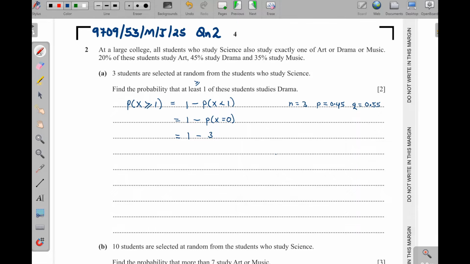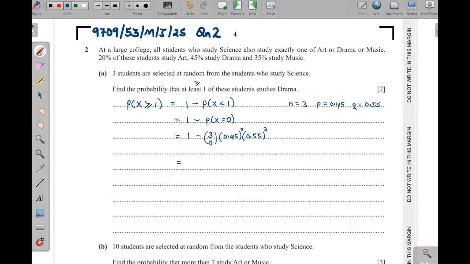Then I will come to this and I say 3 combination 0. That means we have no success, and then the probability of getting the success here has to be to the power of 0, and then for the failure, it has to be to the power of 3, only failures, right? Because when you add those 2 powers, you get the n here.